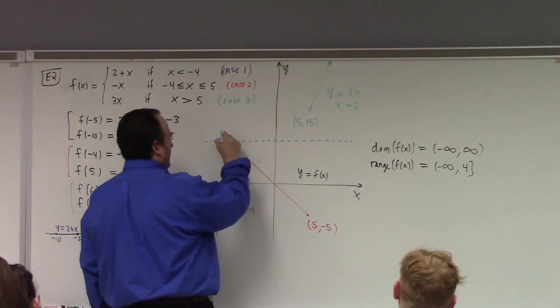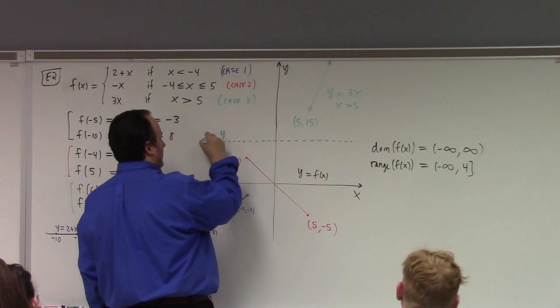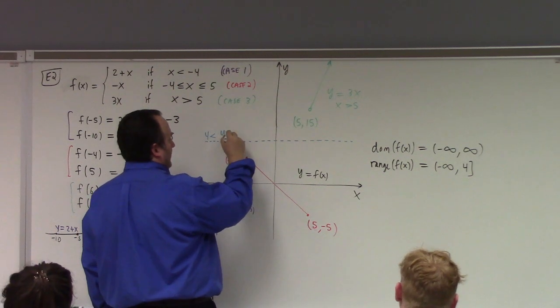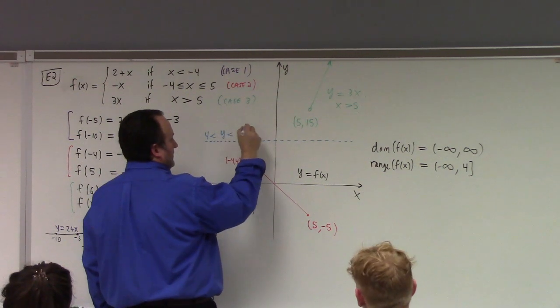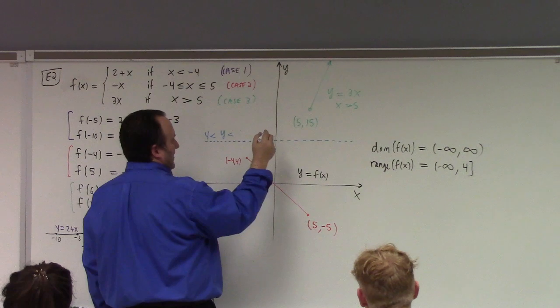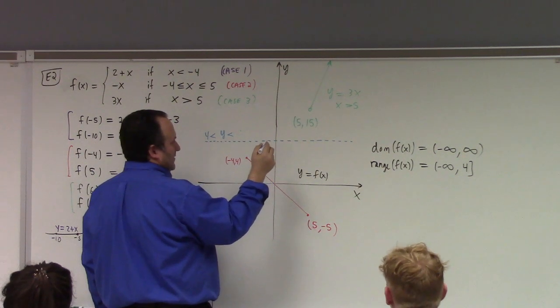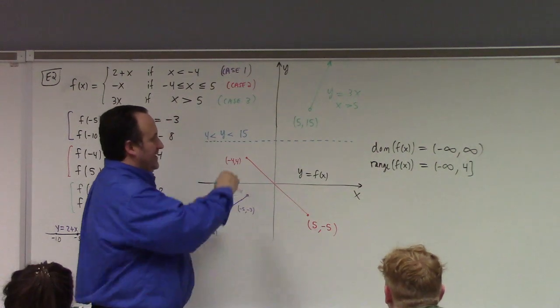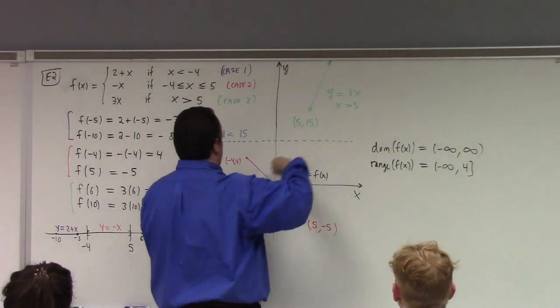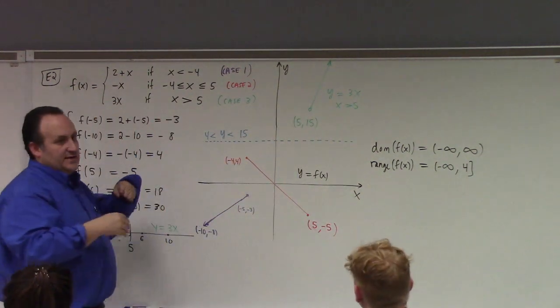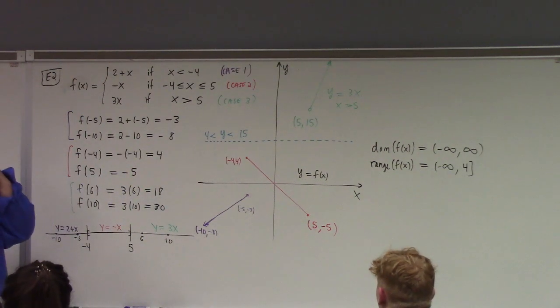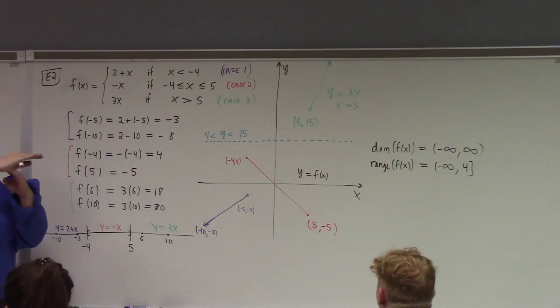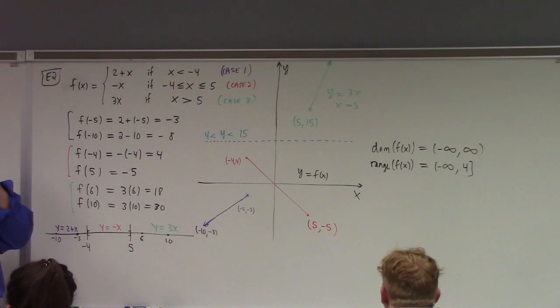See, if I look at y, which is between 4 and, my bad, oh man, wait a minute, 15. I'll get it eventually. That's up at 15, right? So between 4 and 15, if you draw any horizontal line, you never hit the graph, right? You see that? Never slices through.